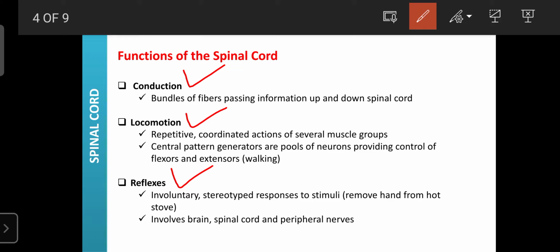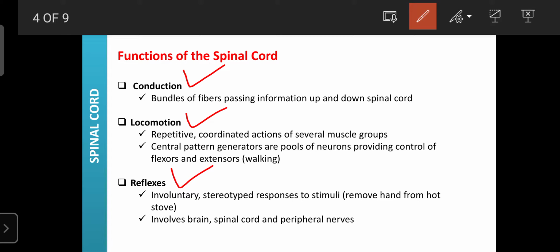The spinal cord is involved in the regulation of withdrawal movements or protective movement functions of the body, which are known as reflexes. Along with the brain and peripheral nerves, the spinal cord is also involved in the regulation of reflexes.